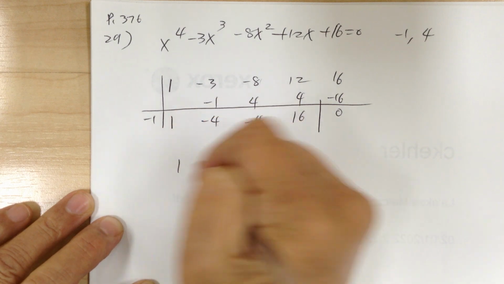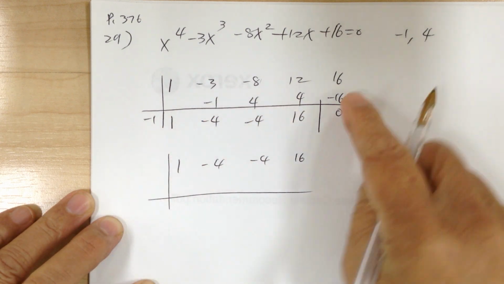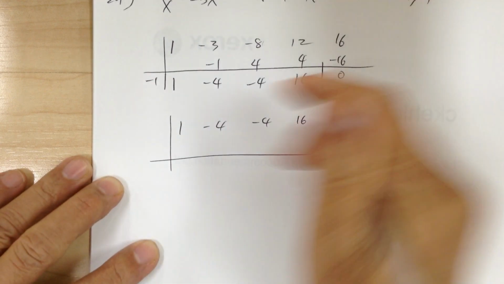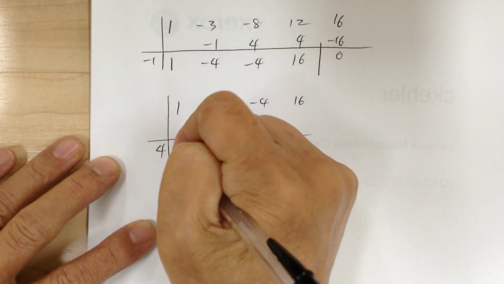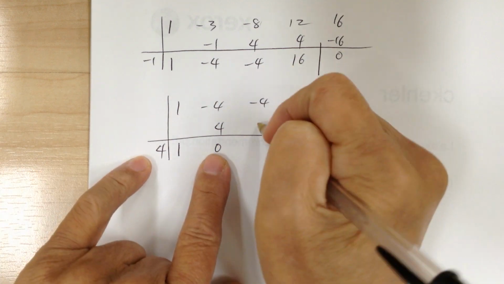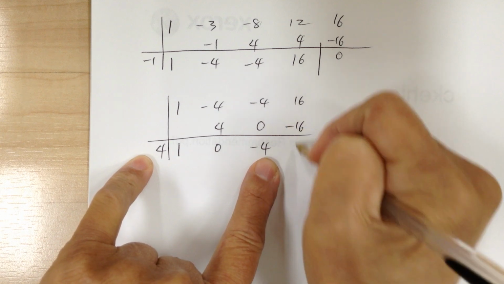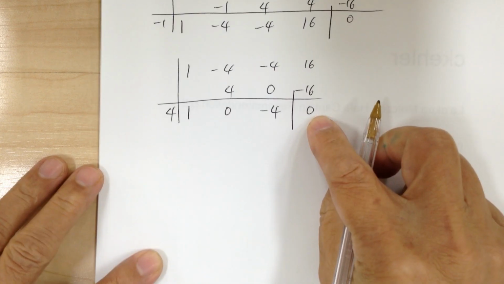Then you do that one more time for the other root. The next root is 4, so you divide by 4. Drop, multiply, add, multiply, add, multiply, add. Again, this is your remainder.